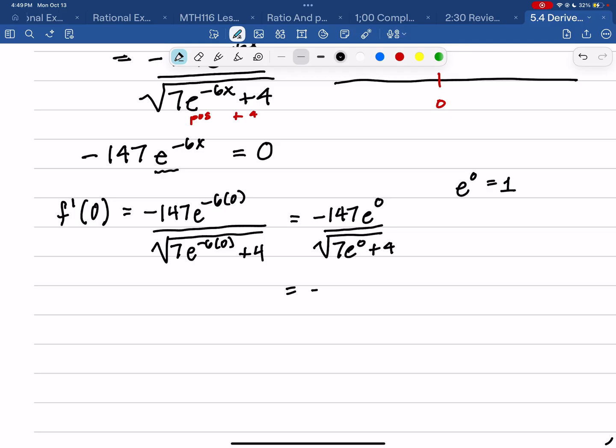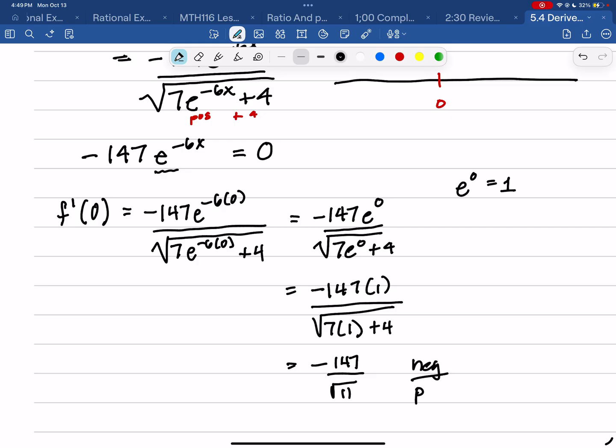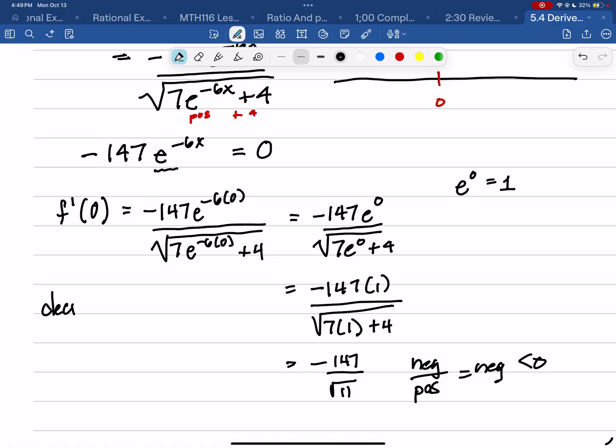So that's negative 147 times 1 over the square root of 7 times 1 plus 4. That's negative 147 over the square root of 11. That's a negative number because it's a negative divided by a positive. Since it's less than 0, this function decreases from negative infinity to positive infinity, and it never increases.